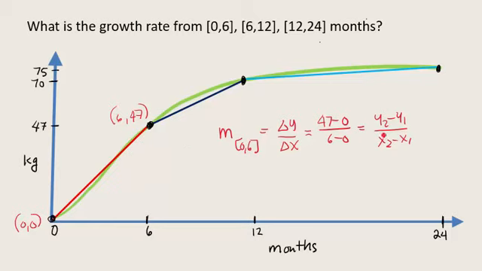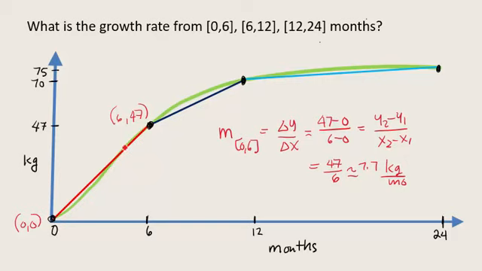That's going to be 47 over 6, which is approximately, what is 47 over 6? That's roughly 7.8. So how do we determine the rate? It's going to be 7.8 kilograms per month. So as you can see, in the first 6 months the growth rate is really fast.